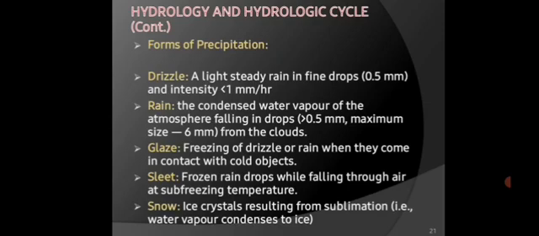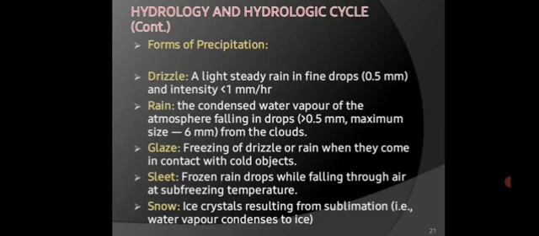The first form is drizzle. Drizzle is very minute drops of water, and the fine drop size is 0.5 mm. Rain, as we know, is condensed water vapor and the drop size is greater than 0.5 mm and maximum 6 mm. Glaze is freezing of drizzle or rain when they come in contact with a cold object.